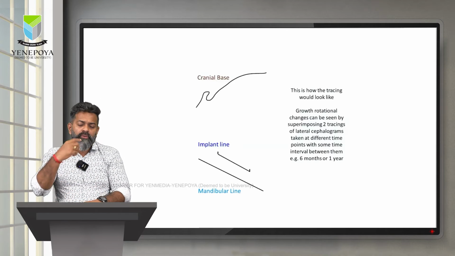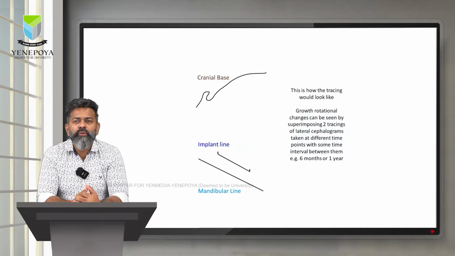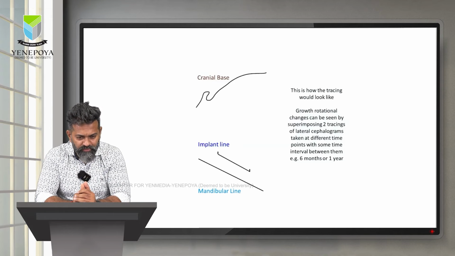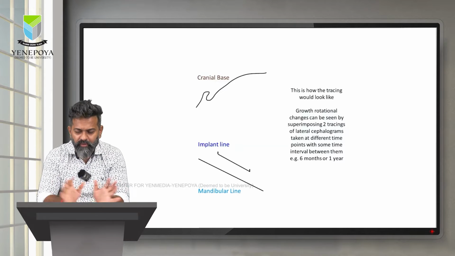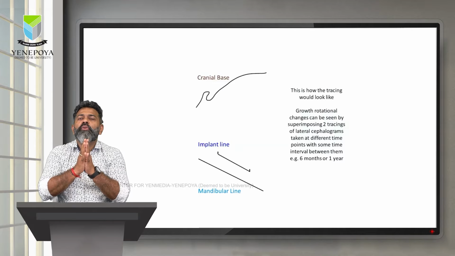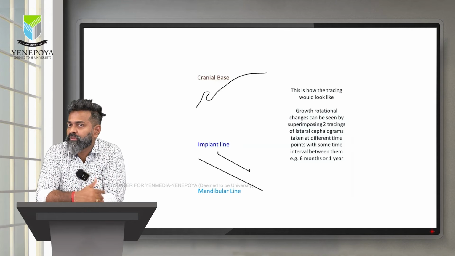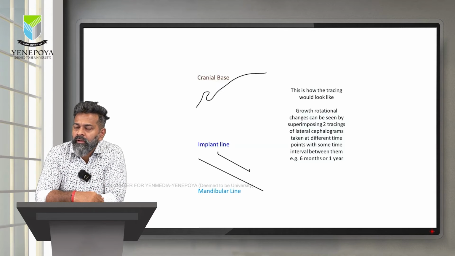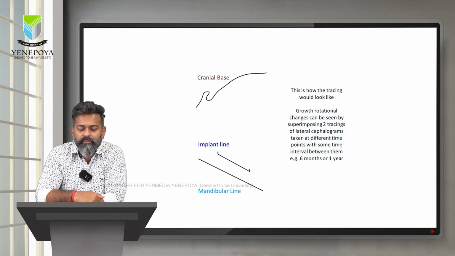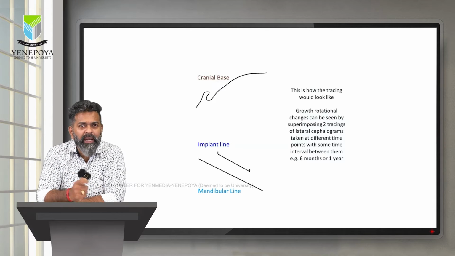So, if you want to know anything about growth of the jaws, or about autorotation, it is wise to know about rotation of the jaw beforehand. Now, in the early 50s, Bjork made some studies using implants.